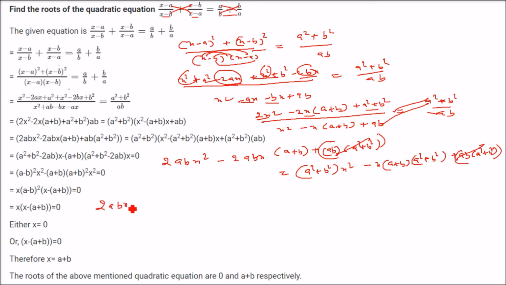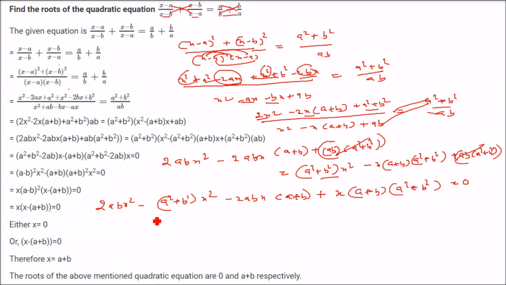This will be 2abx square, I am taking this on this side, so minus a square plus b square x square, then we have this one minus 2abx a plus b, I am bringing this here, so plus x a plus b and a square plus b square equal to 0.